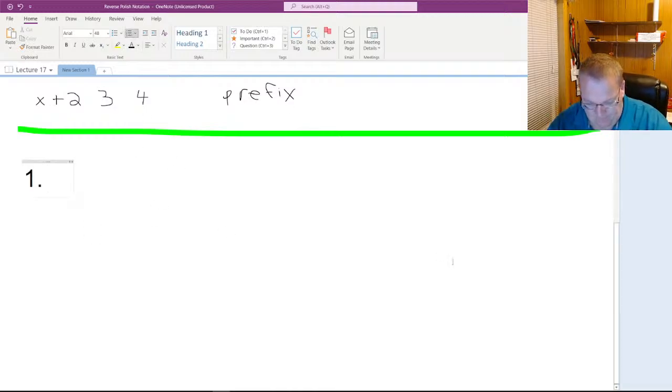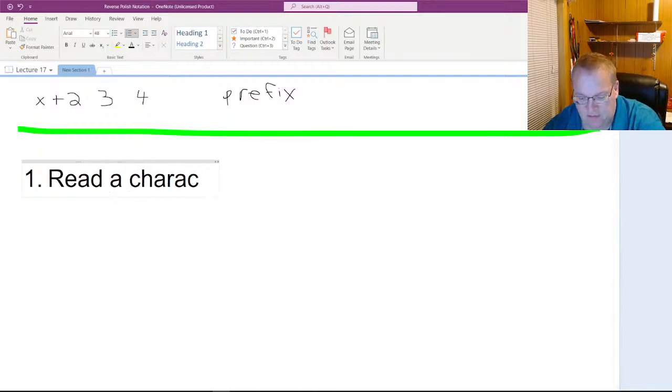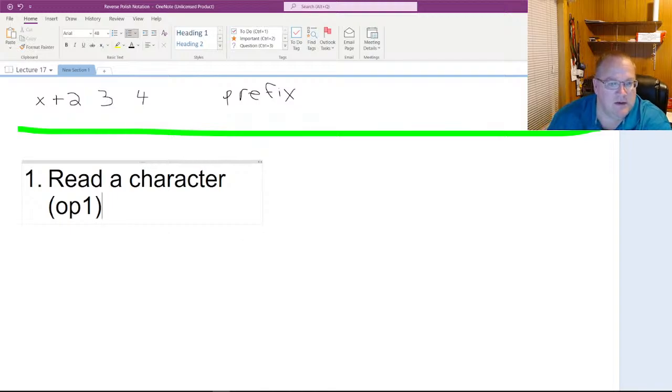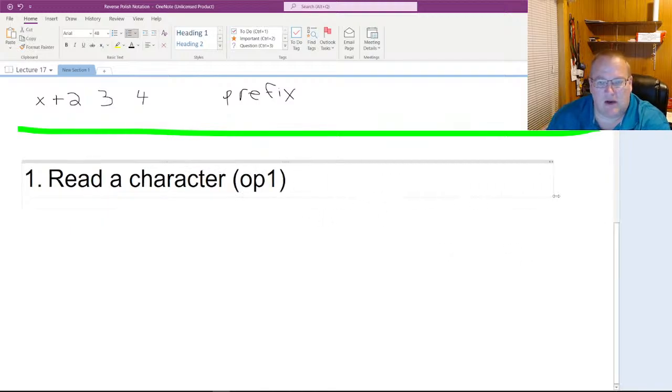Okay. So read a character. Now notice I said character here because I don't know for sure what it is, and I'm going to call that character op1. I'm going to make this a little wider. I want to make this a lot wider because I'm going to use it up.